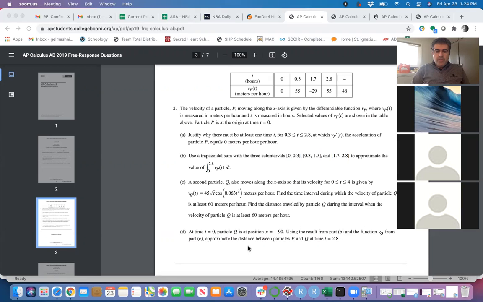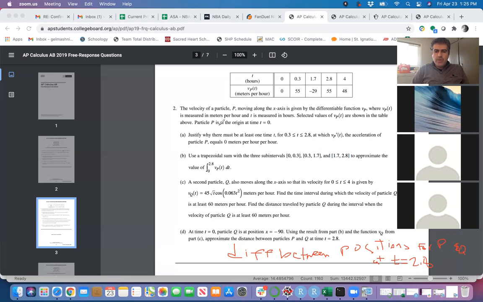So bottom line is you want to find the difference between the positions for points P and Q at t equals 2.8.